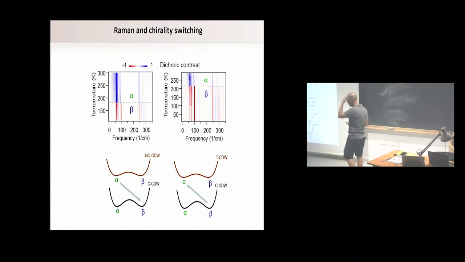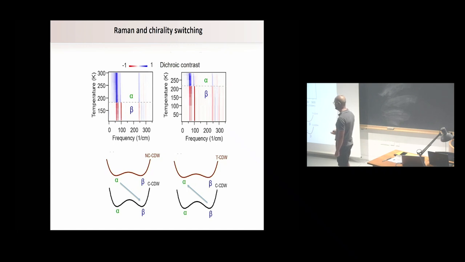And now the question is, how does this happen? So the process is probably quite complicated because what happens is that you have clearly a double well in the free energy, if you're thinking about an order parameter that defines the chirality in the nearly commensurate phase, and similarly in the commensurate one.